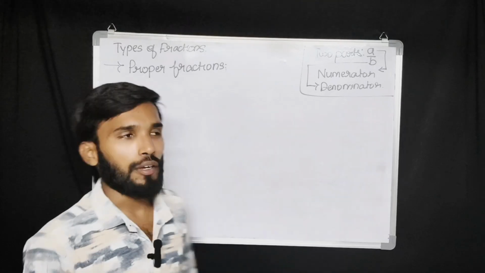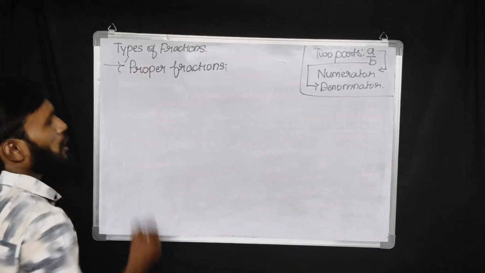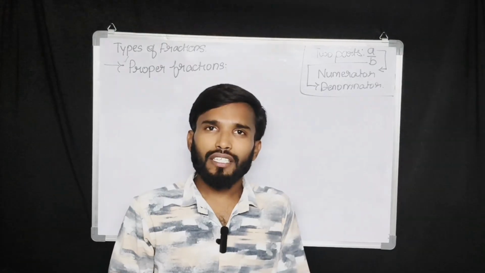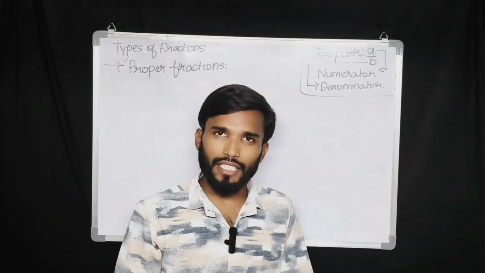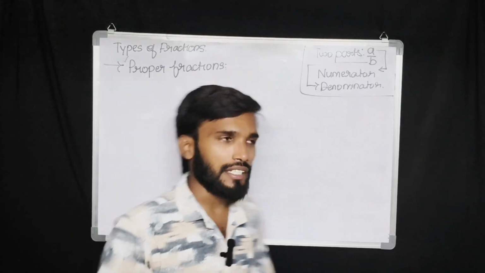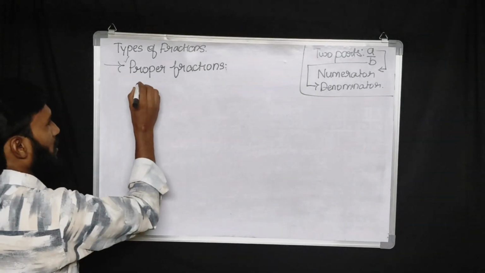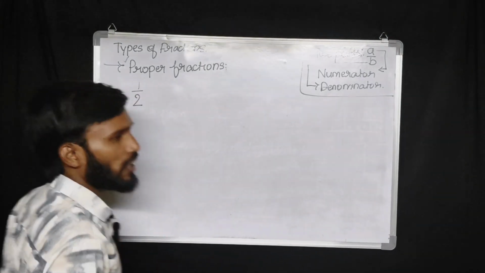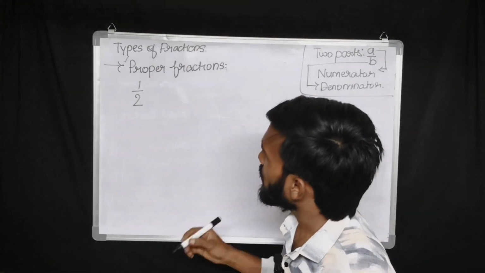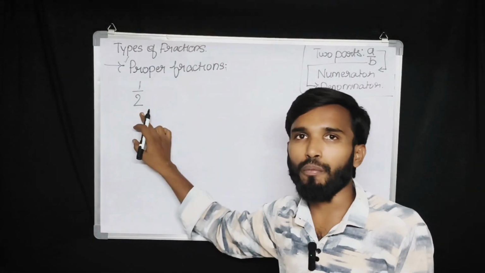Now come to our proper fraction. What is proper fraction? Proper fraction is where the numerator is smaller than the denominator. What does it mean? For example, I am taking 1 by 2. Here, this 1 is numerator and this 2 is denominator.